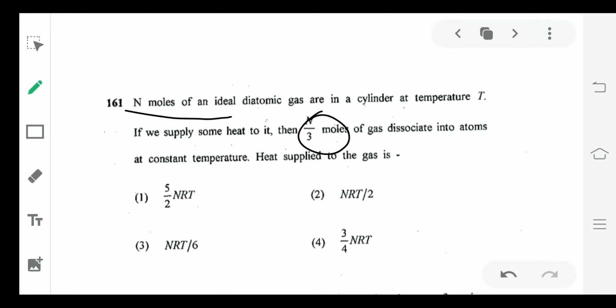For calculating the amount of heat, we will calculate the final internal energy of the gas minus the initial internal energy of the gas. By calculating this difference, we can easily find how much heat has been supplied to this cylinder at temperature T.